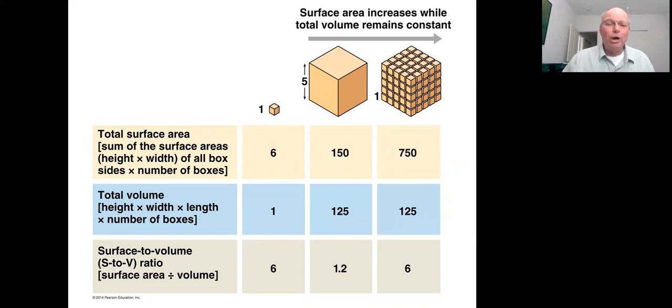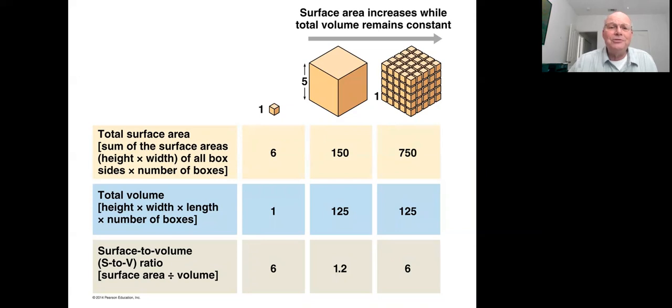So this would be a model cell having a cubed shape. If we look at a small cube, i.e. a bacterial cell, for instance, then when we look at the surface area of the cube, it's the surface area of one face of the cube multiplied by 6, because there are 6 faces on the cube.